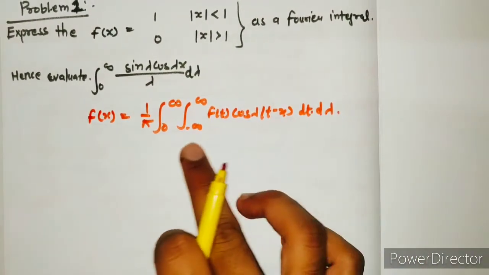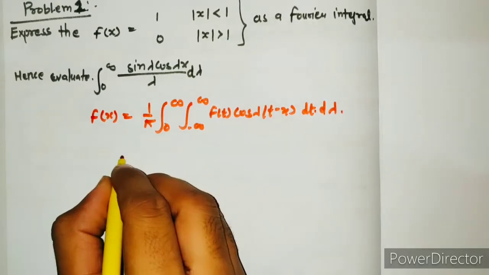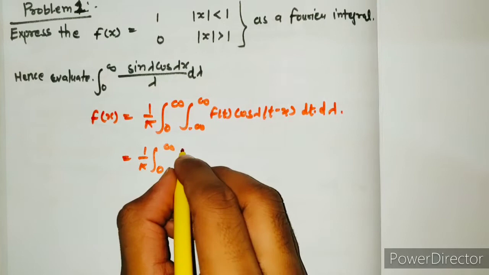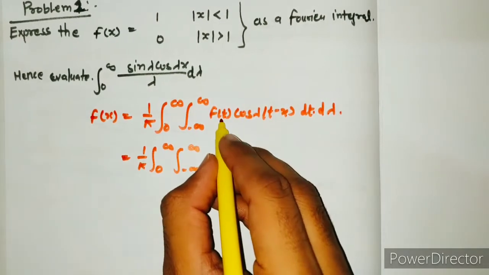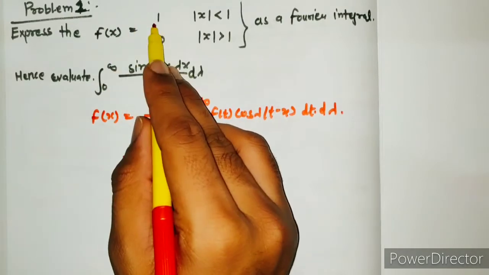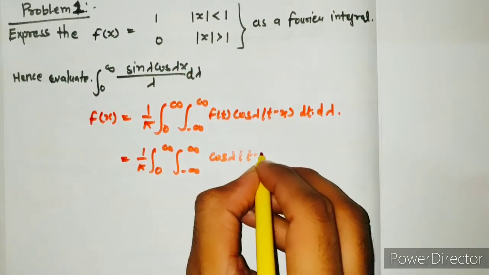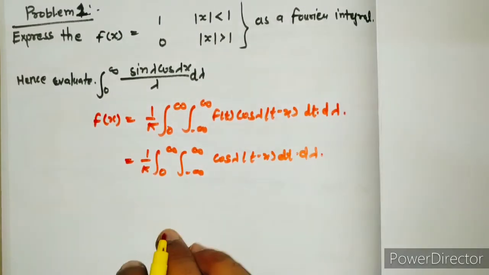This is the solution of the Fourier integral. These are our formulas. Next, solve 1 upon pi, integral from 0 to infinity and minus infinity to infinity of f(t), which is equal to 1, cos lambda (t minus x) dt d lambda.